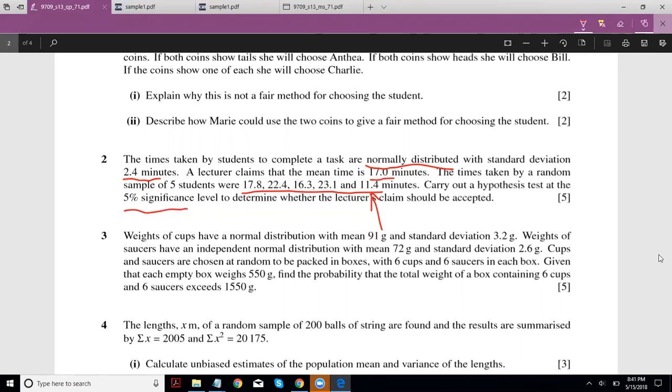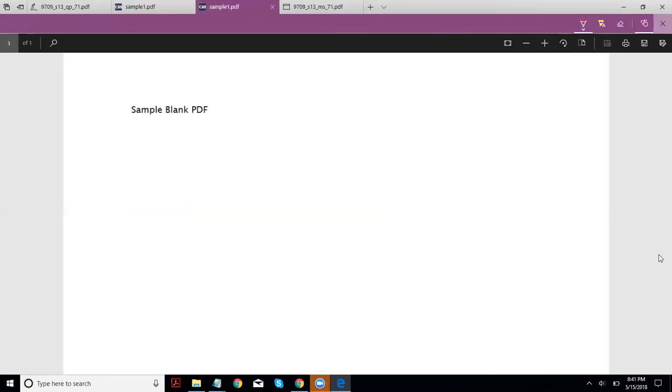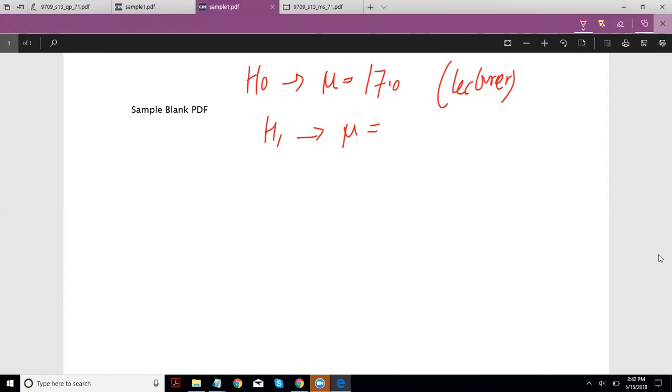So in this case, the null hypothesis is that the population mean is 17 minutes, which is what your lecturer is saying, and the alternative hypothesis, because we don't know whether it's greater than or less than, since they haven't specified that in the question, is simply that mu is not equal to 17.